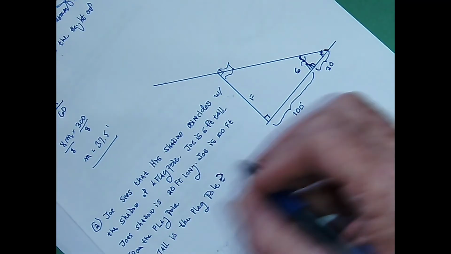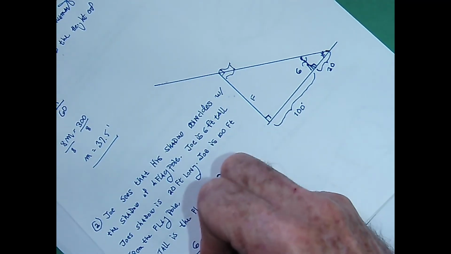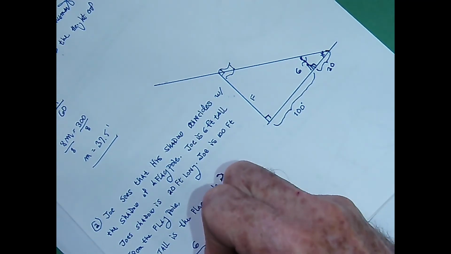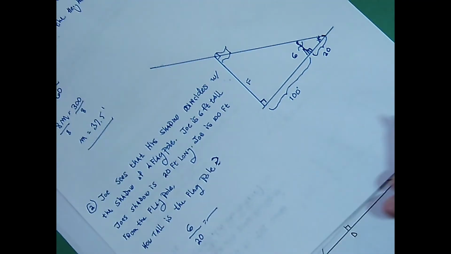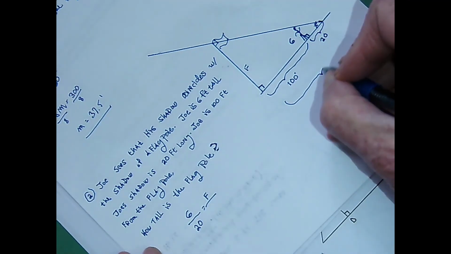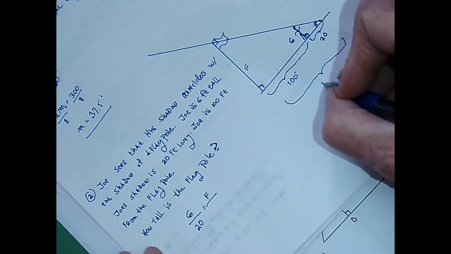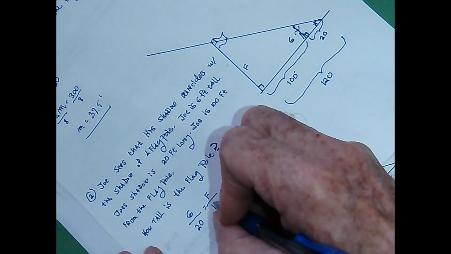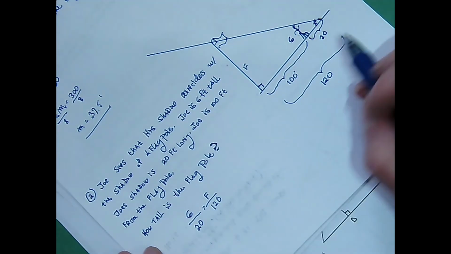I'm thinking the height of the man, 6, is to the length of his shadow, 20, as the height of that flagpole, F, is to the length of its shadow, which has to be 120, doesn't it? If you had used any other proportion, I'm not sure you'd get it right.